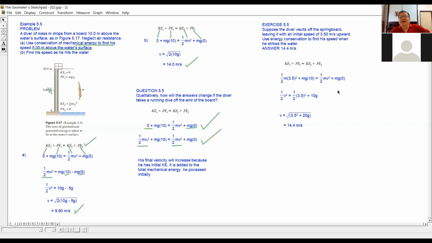Okay, so as I said earlier, we use the same conservation of energy equation. That is, the total mechanical energy initially is the same as the total mechanical energy finally. The only difference is now, instead of zero, you have to replace the initial kinetic energy with half mv squared.